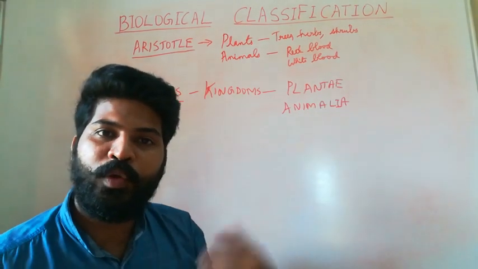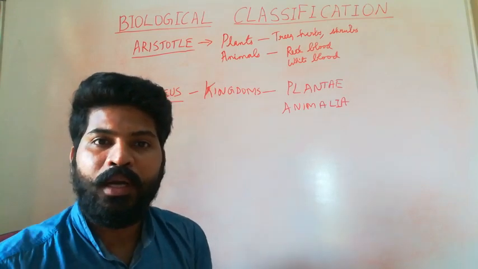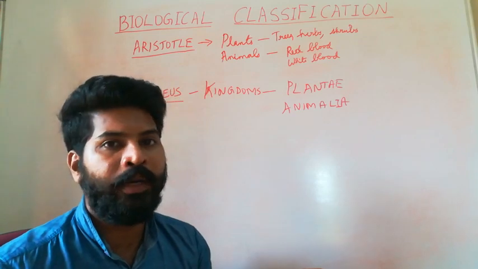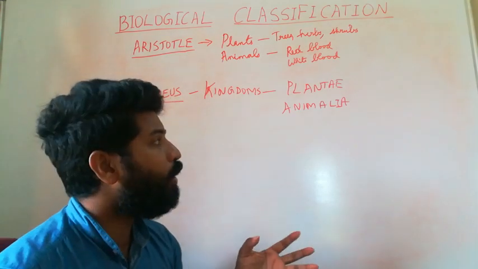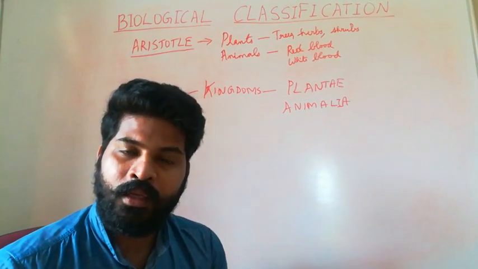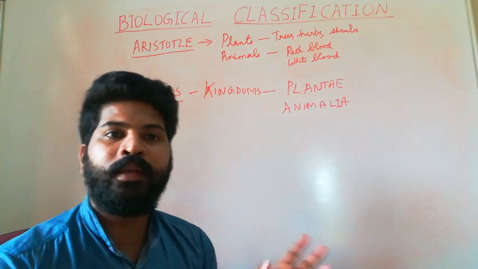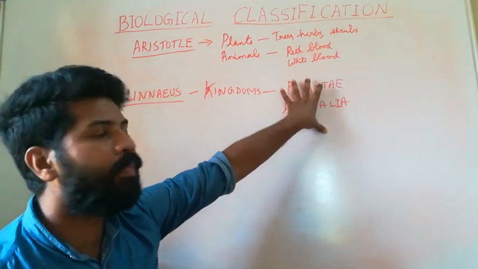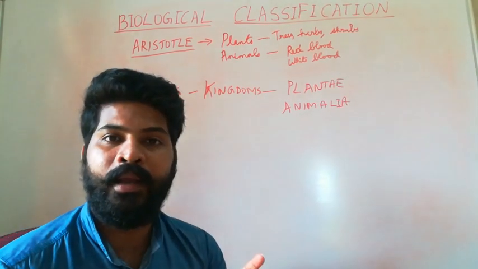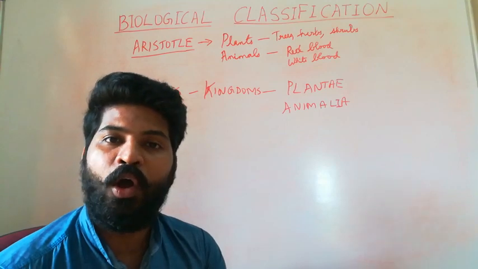organisms which are unicellular as well as multicellular. So there was no differentiation made between unicellular organisms and multicellular organisms. Not only that, organisms that are autotrophic and organisms that are heterotrophic were both combined in the same group, and there was no distinction made between the differences in the cell wall of the organisms.